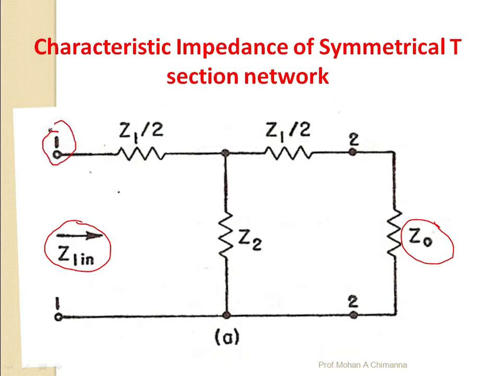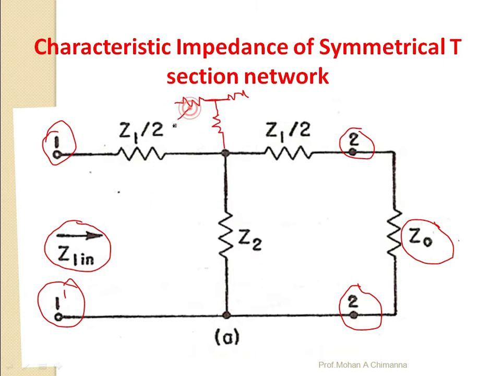Here 1 and 1 dash is the input port, where we are able to apply the source, and 2 and 2 dash is the output port, and from that output port we have connected the load resistance, which is called the characteristic impedance. In between, we connect the T network. Here there are two connections of the resistance, and one more resistance here, to form the T network.